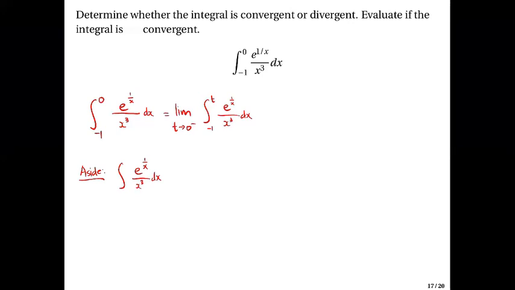Say, let s be equal to 1 over x. Then ds is -1 over x squared dx.